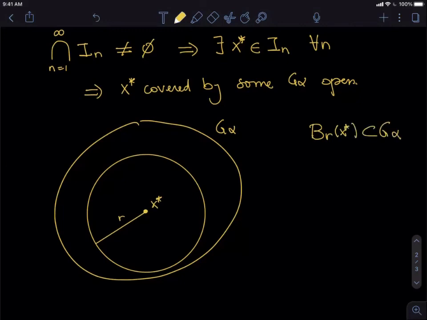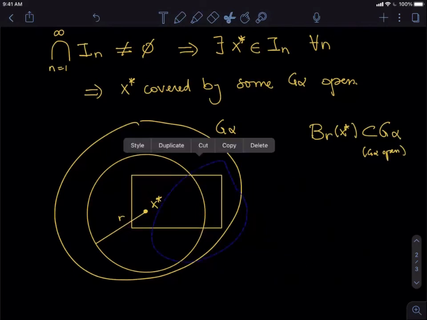This is because G alpha is open. But now, because all the cells contain our X star, some of the cells may or may not be inside this G alpha or this ball.